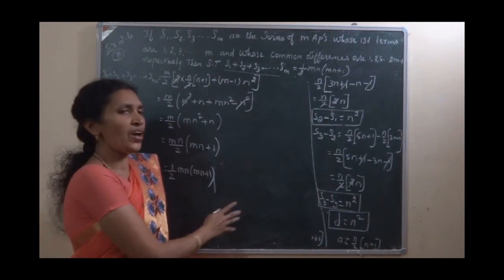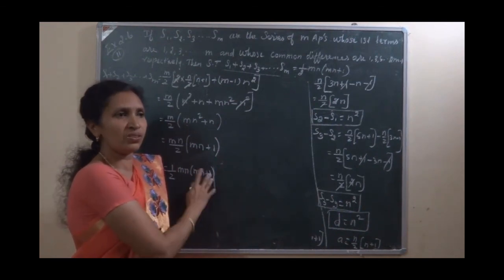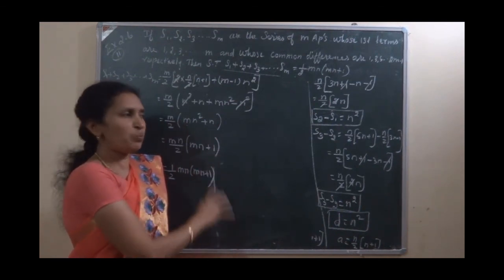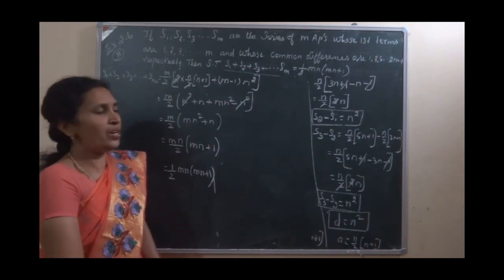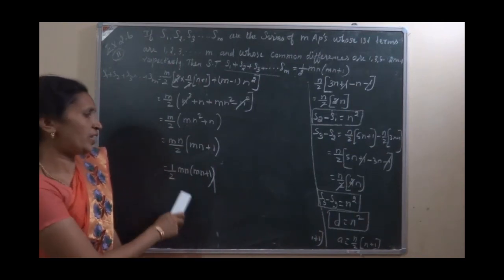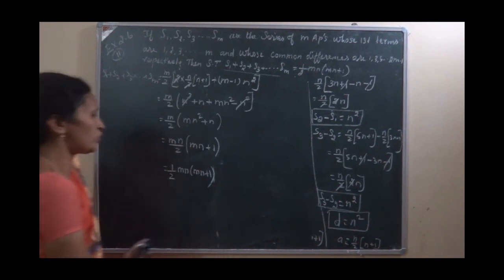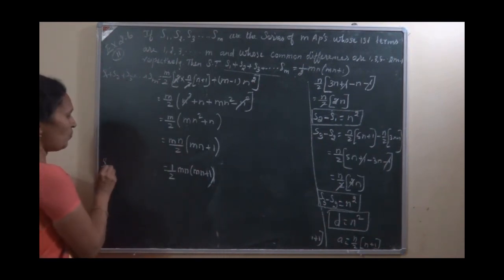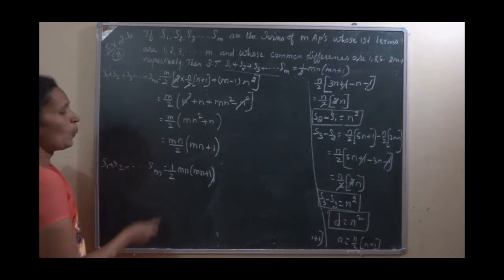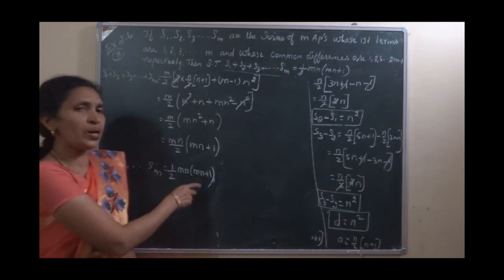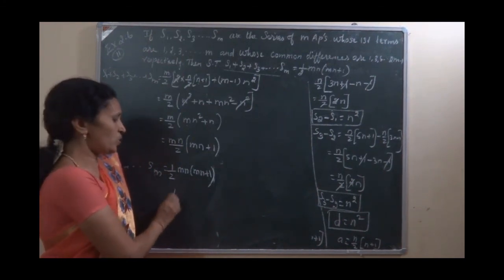Apply the A value and D value in the formula Sn equals n by 2 into 2A plus n minus 1 into D. You will get the answer. You can show, thus proved or thus shown. Here S1 plus S2 plus S3 etc. plus Sm equals 1 by 2 into mn plus 1. Thus shown.